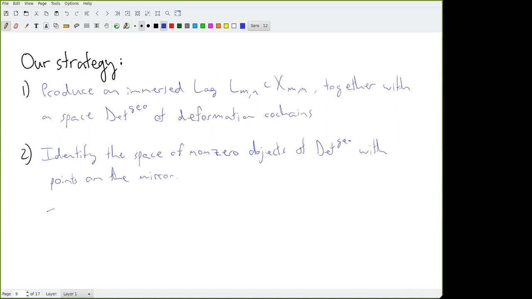And so I should say we need to be able to figure out which points of def geo correspond to which points on the mirror.